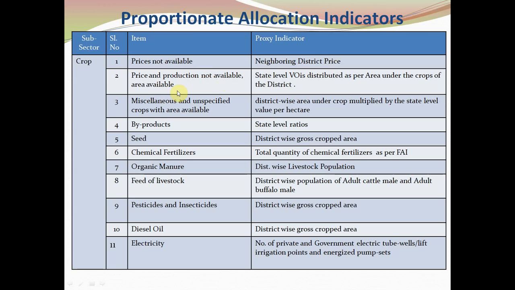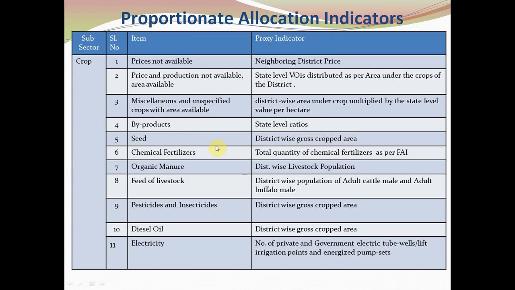If prices and production are not available but area is available, then state level value of output is distributed as per area under the crops of the district, and that indicator we are using. For miscellaneous and unspecified crops with area available, district wise area under crop multiplied by the state level value per hectare is used. In case of by-products, proxy indicators are taken as state level ratios.